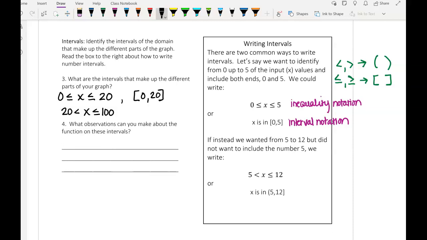So in this case, if we go to interval notation, the 20 is just a less than, so we would have to do parenthesis 20, 100 bracket. That's how we would write them in interval notation.